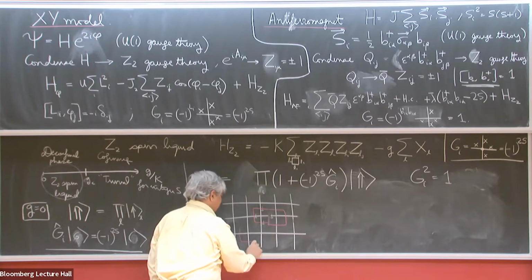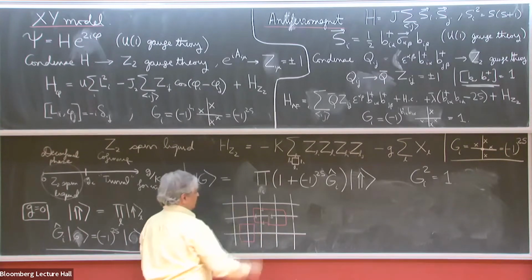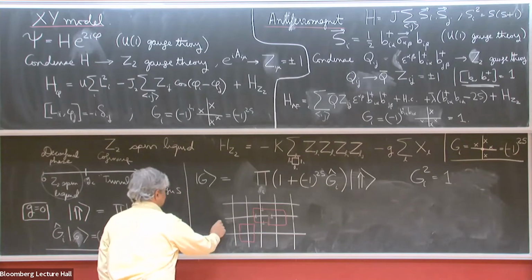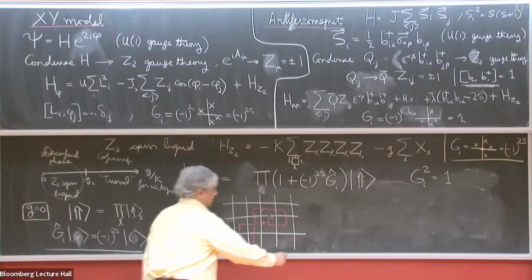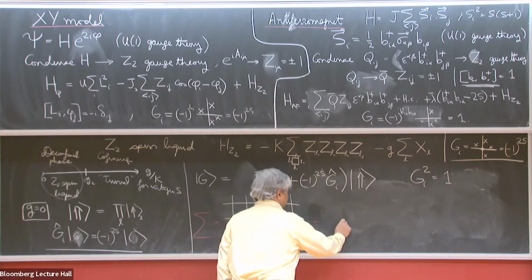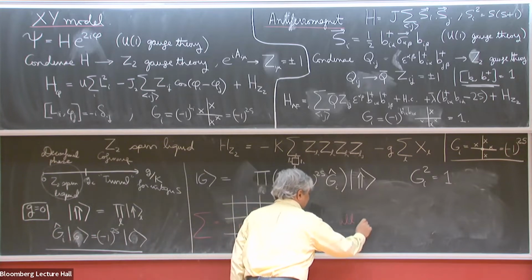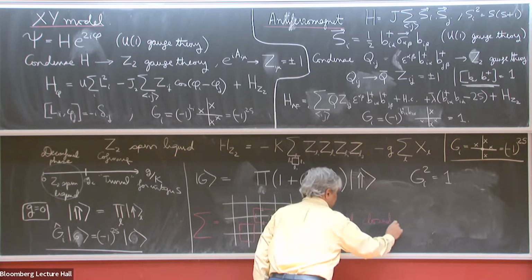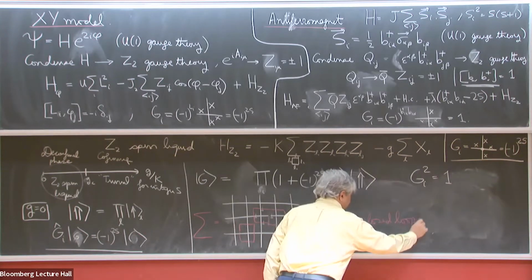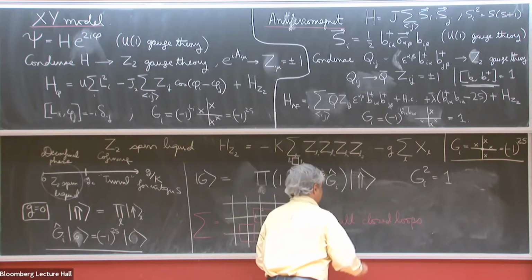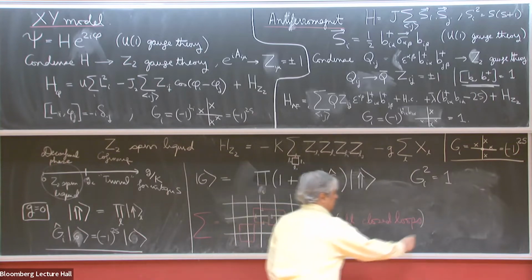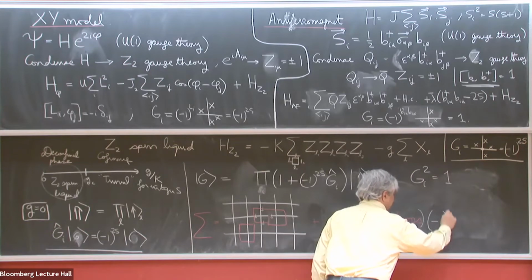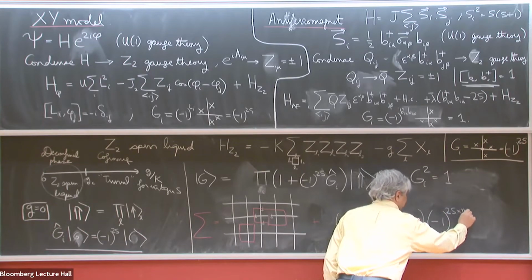And you could also hit it here and so on. So you can see that this is just equal to a sum of various terms like this. That's all closed loops. So it's just the sum over all closed loops, times, because of this (-1)^(2s) factor, (-1)^(2s) times the number of plaquettes.